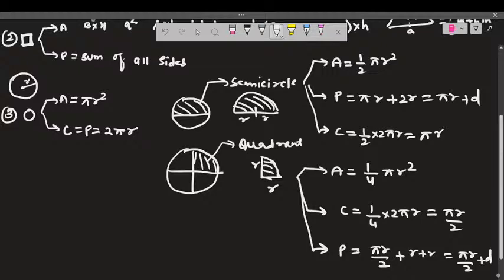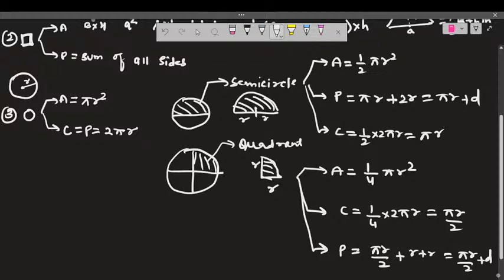If you want to get sector, you have to consider an angular part. You can take any angle theta. That means you are having two radii and you take the area between these two radii and this corresponding arc. Then if you consider this area, you call it sector, and you just use unitary method.